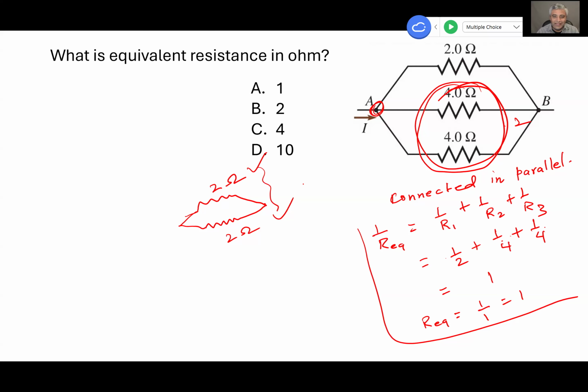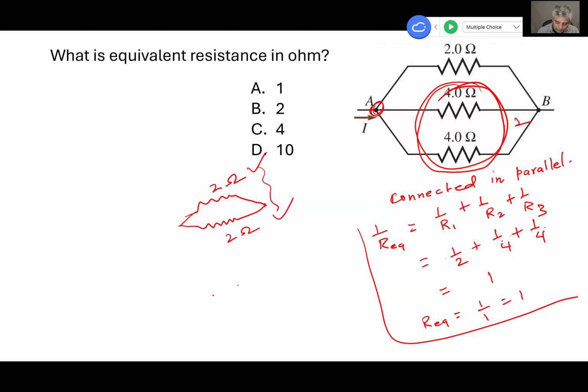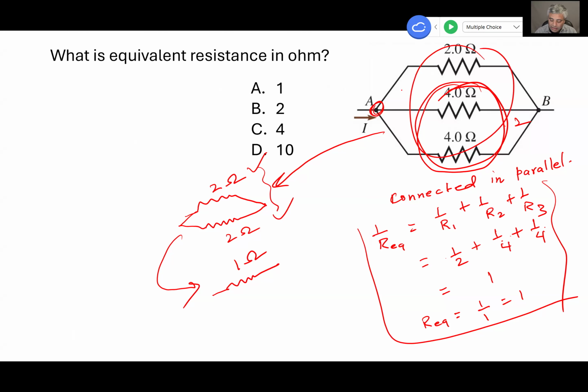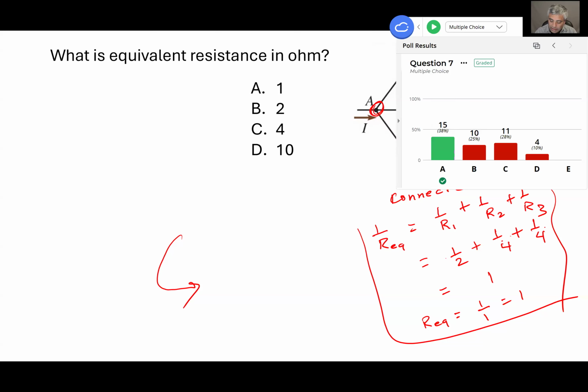And half of 2 is 1. So that's how you can reduce as well, if you do not want to do that math, when you have a nice combination like this. So we have A as the correct answer here.